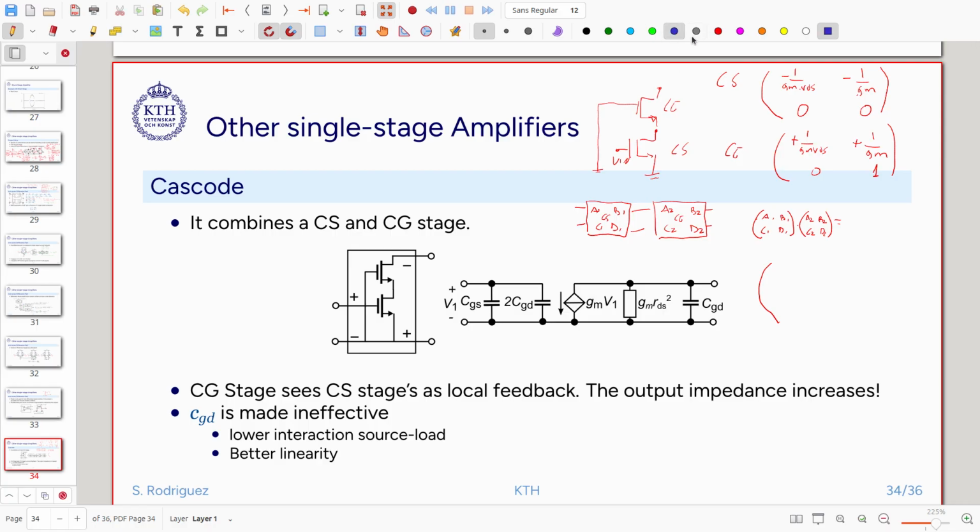And then what we have is that when we multiply, this will be equal to 1 divided by gm square rds square. That will be the first voltage gain, or the current.